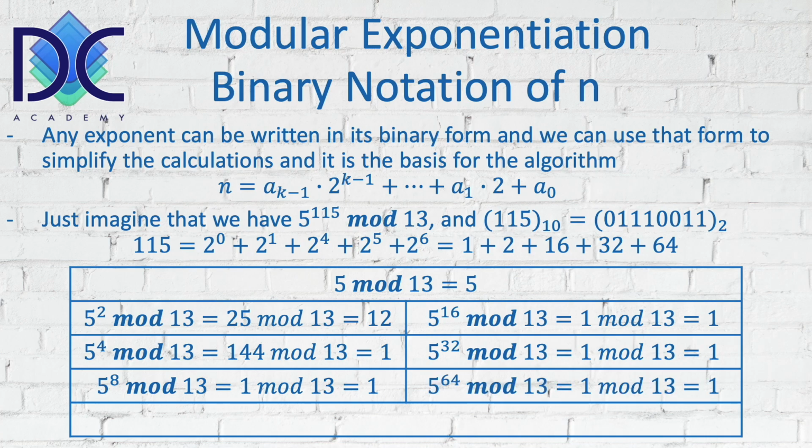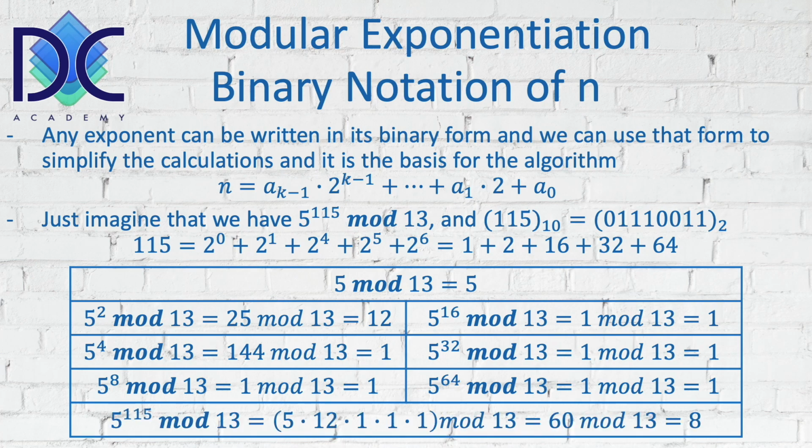And then we have 5 to the power 64 modulus 13 is 1 modulus 13 is 1. And when we put this all together, we have in fact 5 to the power 115 modulus 13 is 5 times 12 times 1 times 1 times 1 modulus 13. This is 60. So 60 modulus 13 is 8.